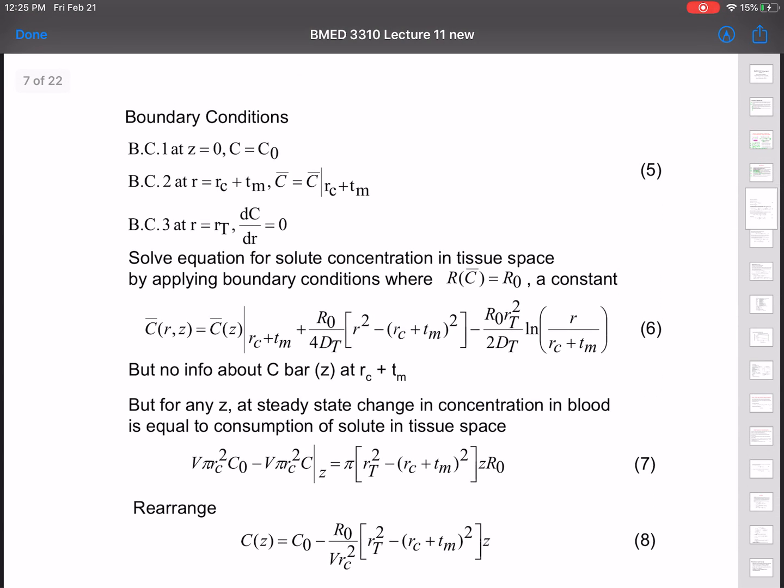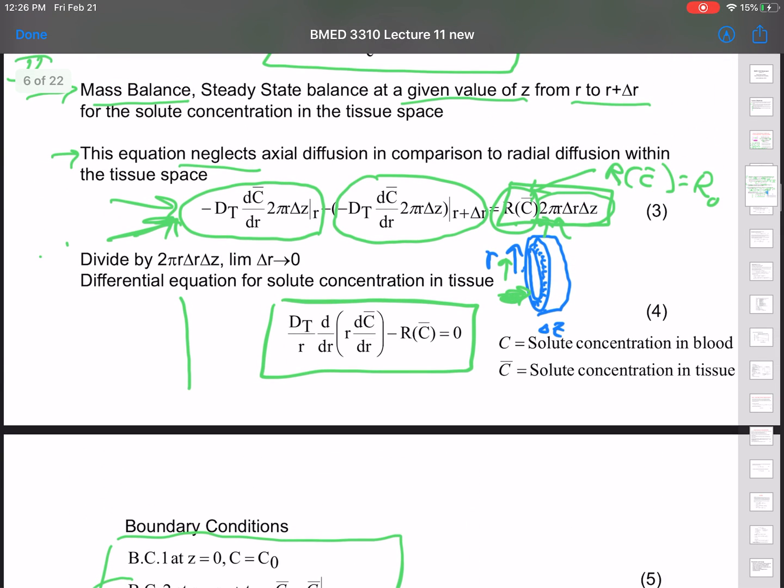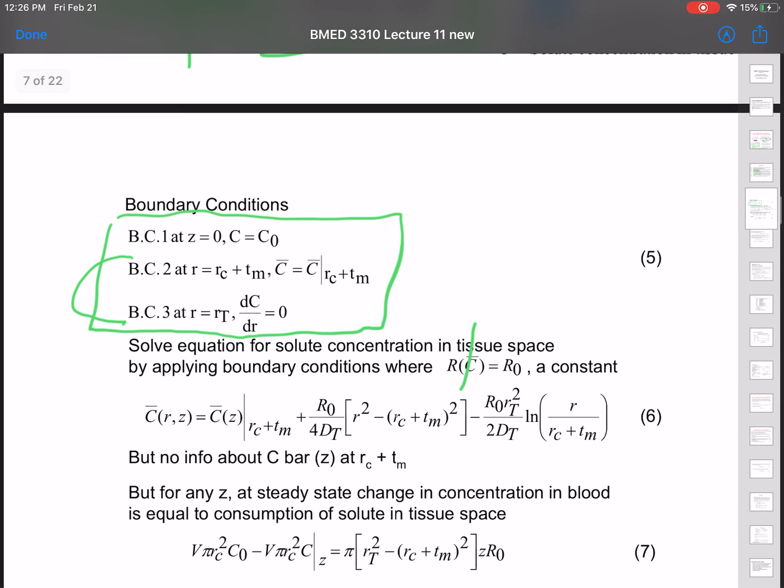Now she's got some boundary conditions because what she's going to do is integrate these equations. Let's look at these first two here because this is what she's going to do first. First, she's going to integrate this equation in the tissue, and she's going to use these second two boundary conditions.